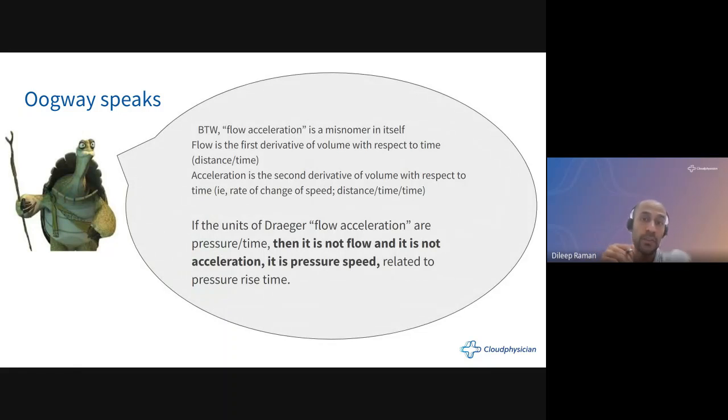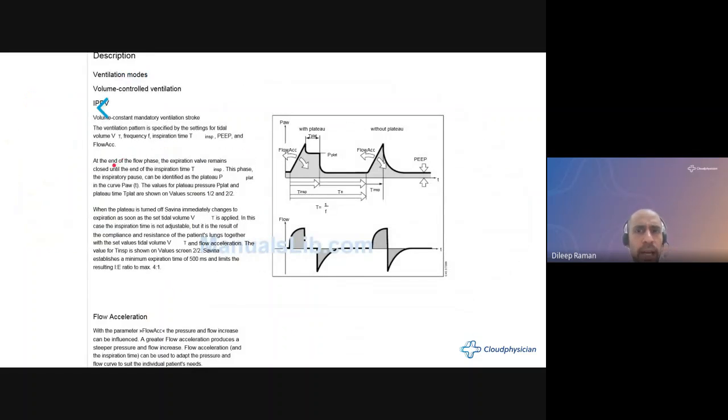So he agrees that flow acceleration definitely is a misnomer, and acceleration here should be in square time, but here the unit is just millibar per second. If this is true, then this is pressure speed, and therefore this must be a pressure control mode. So we open the manual further, and this is what the manual says.